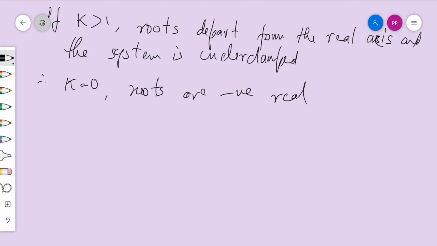So this is the case of an overdamped response, or there is an exponential decay. So we can say that it is the case of overdamped.